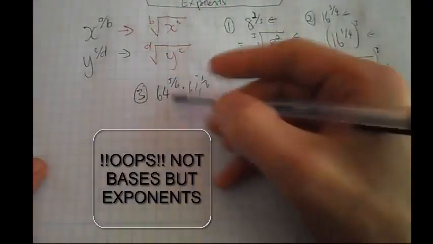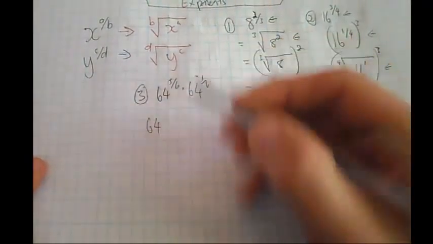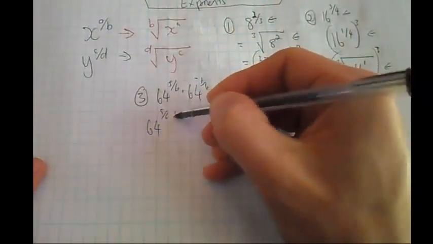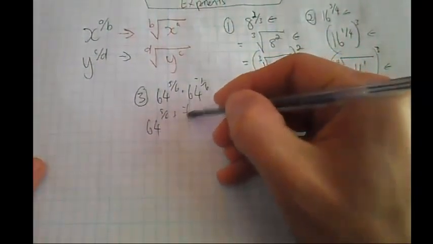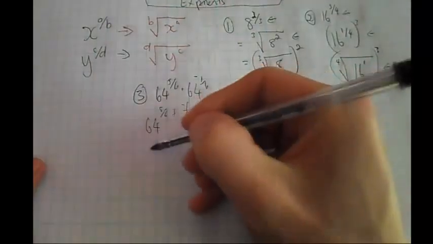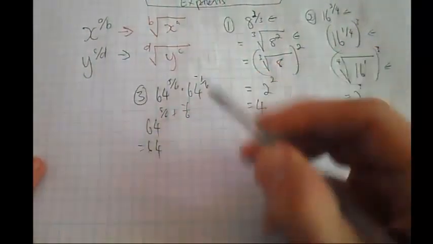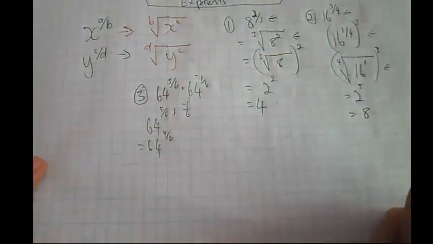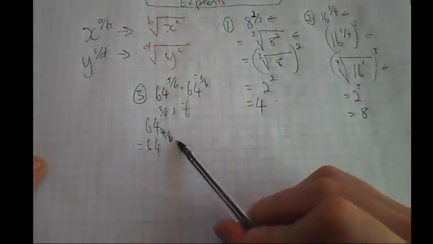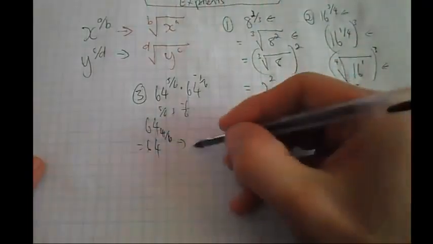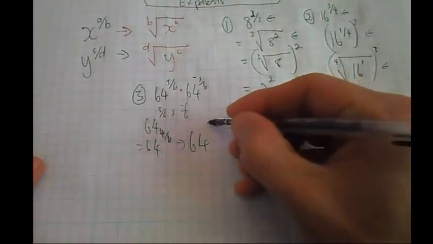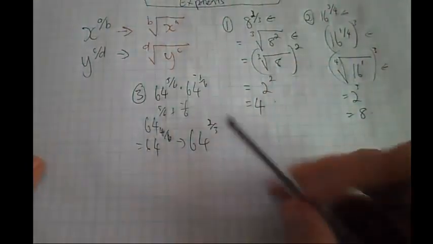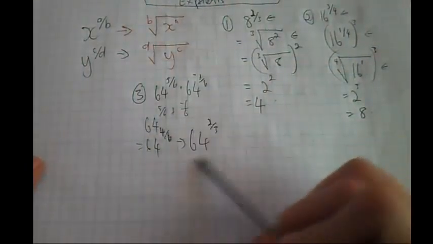So we can leave the 64 as it is, and we can say 5 over 6 plus negative 1 over 6. And that will give us 64 to the power of 4 over 6. Now we can simplify this further. We can say 64 to the power of 2 over 3. And now we can work from here.